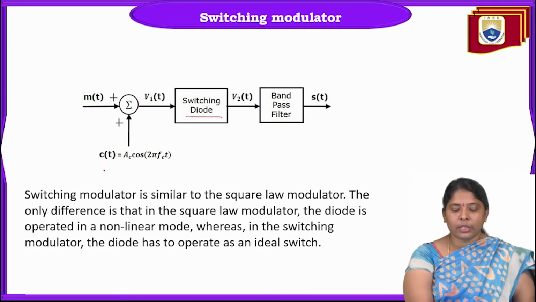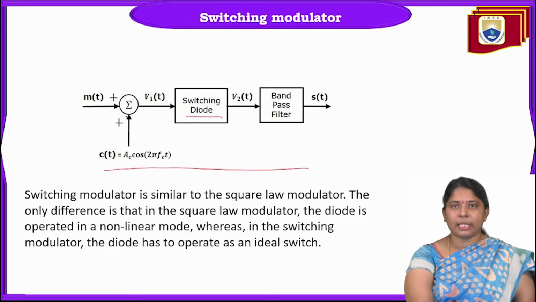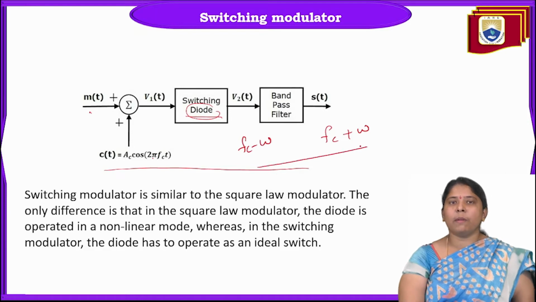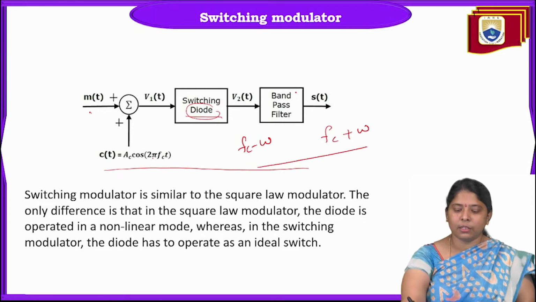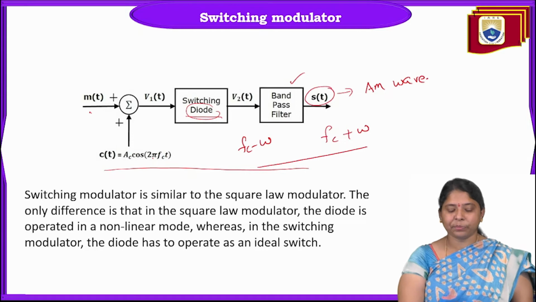So here also the same blocks are there: summer, message and carrier, but the device is operating in switch mode, on and off, and again the band pass filter passes the upper sideband Fc plus W and lower sideband Fc minus W. Fc minus W to Fc plus W passes through this band pass filter. The band pass filter output S of t is the AM wave. Now see the analysis here.